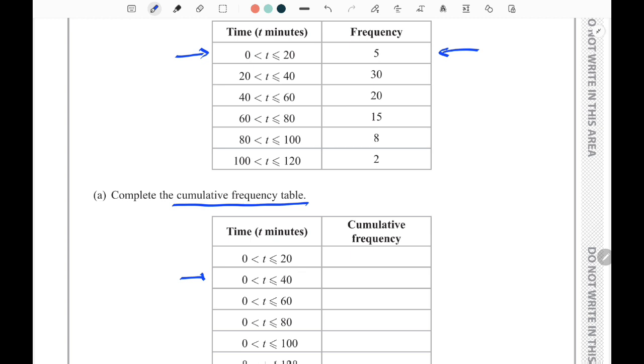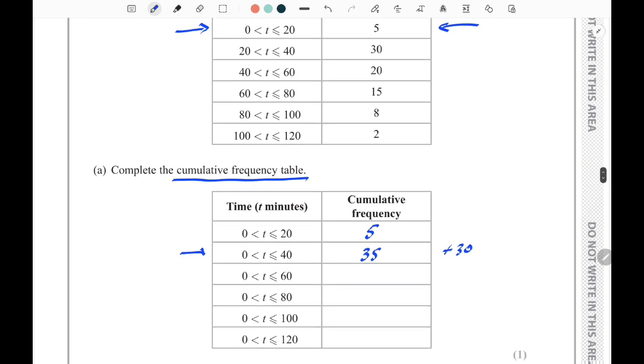So it includes the people who travel there in less than 20. If I demonstrate what's going on, 0 to 20, we already know it's 5. But for the people from 0 to 40, you are taking the sum of the 0 to 20 and the 20 to 40. So effectively, we're adding 30 to that, and you get 35.